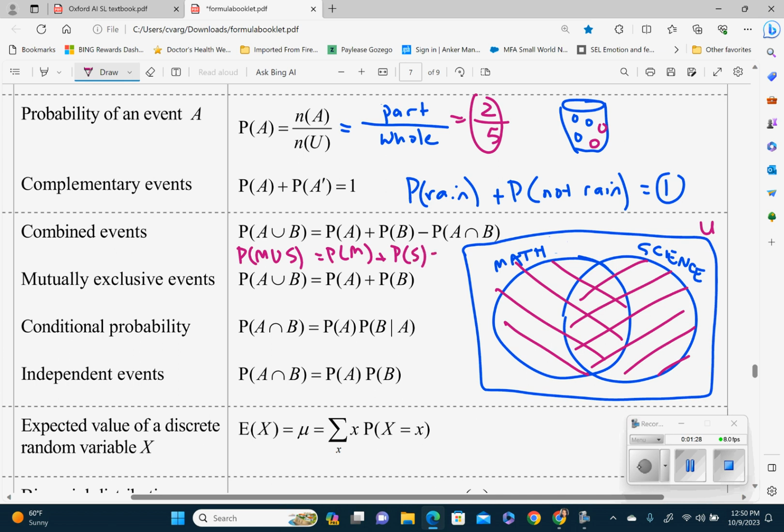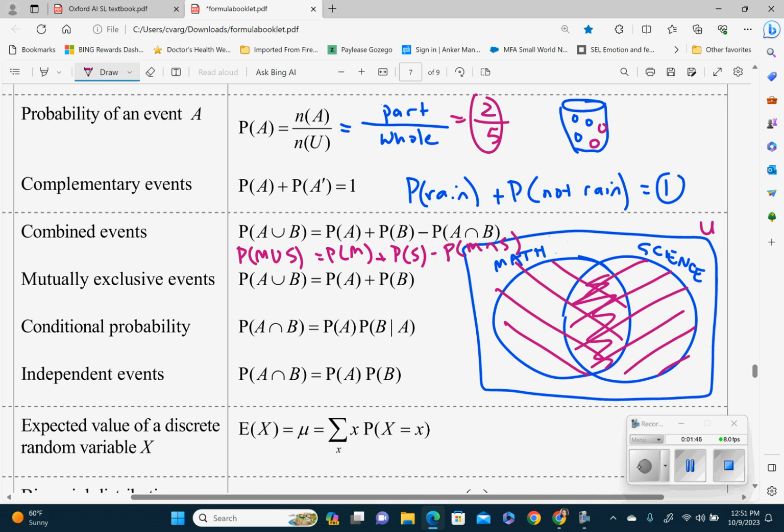You see how these right here, they're double hatched. These students are double counted. They're counted with the math and with the science, so we want to take them out. So minus the probability of math and science, minus these people, okay? We're taking them out.